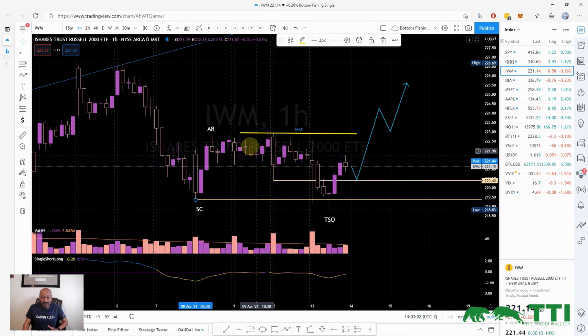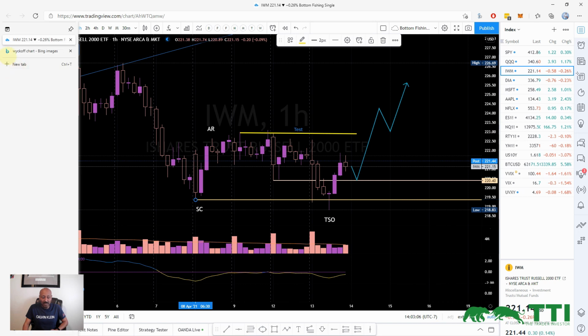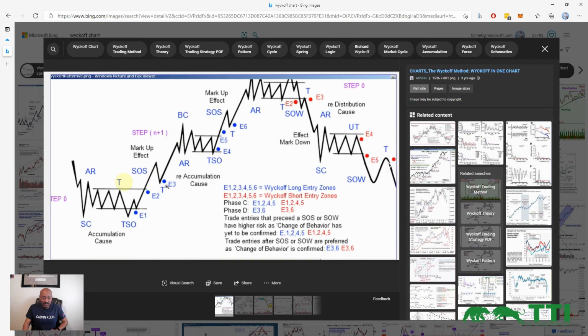So this is a very clear indication, as you can see from this chart here, of accumulation, reaccumulation, distribution, redistribution. We are now in this phase of the trend. We are in the reaccumulation phase.